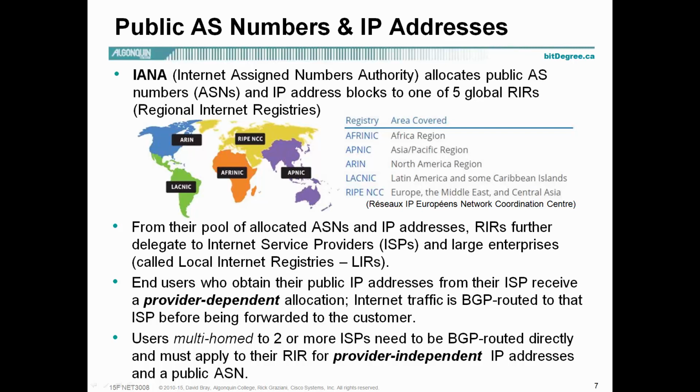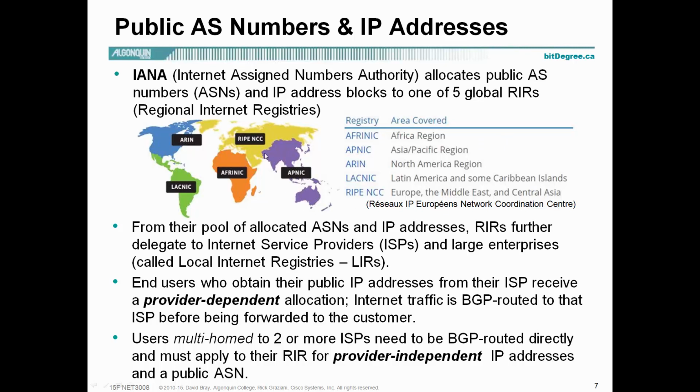And the Internet Assigned Numbers Authority, or IANA, has allocated these public AS numbers to 5 global RIRs, or regional internet registries. So here I show a map of them, and the registry names are here. It's typically an acronym, of course, and on the right I show the areas that it covers.